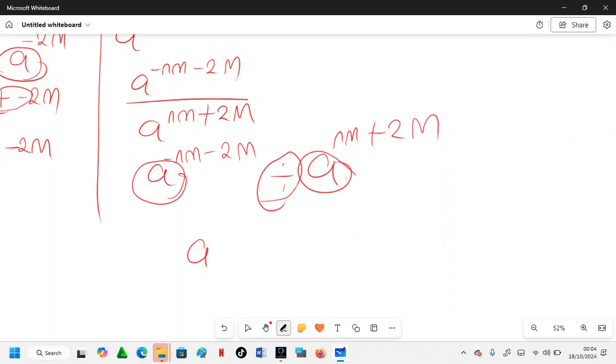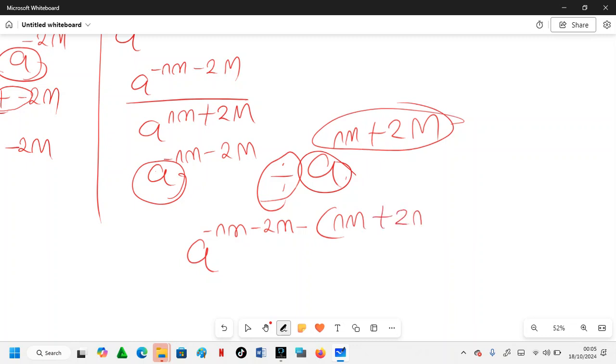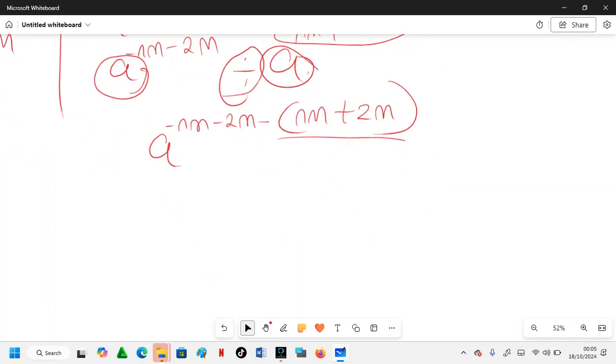So we have a to power negative nm minus 2m, and then minus this, which is nm plus 2m. It's very important to put them in a bracket because this negative affects everything inside there, right? So we have a power negative nm minus 2m minus nm, and then minus 2m.